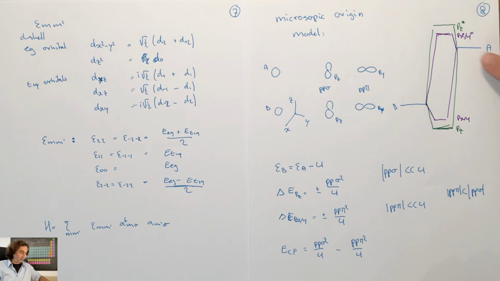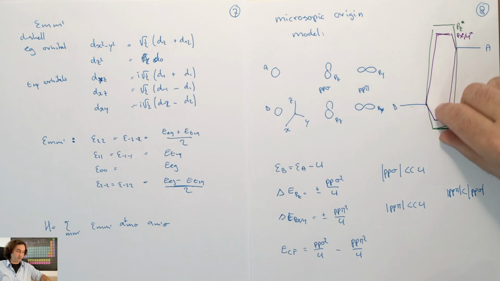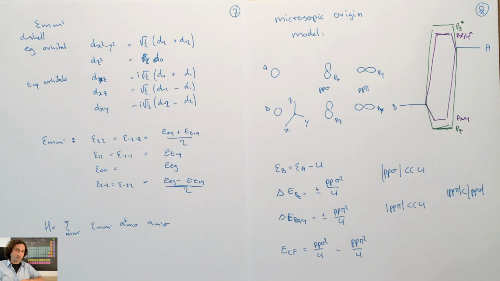You have in both cases a large bonding or anti-bonding energy, and it is the difference between the anti-bonding energies that we call our crystal fields. That also explains why it has been so hard through history to accurately calculate these crystal fields. I would say that only since the 1990s or 2000s have our density functional theory codes become accurate enough to really give predictable values of crystal fields.